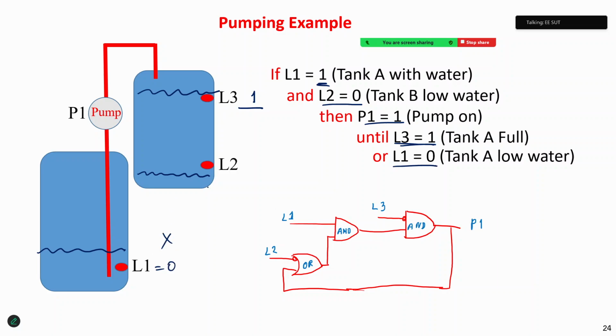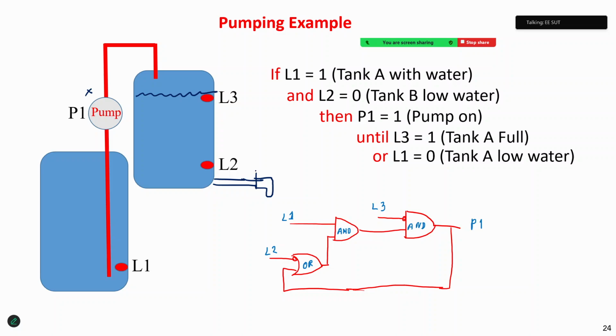This is the logic. The pump will operate until the level reaches L3, then it turns off. But when we use the water until it is below L2, the pump starts pumping again. This is what we want.